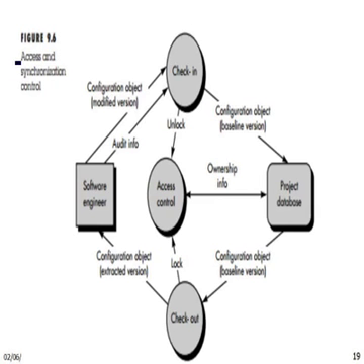Access control governs which software engineers have the authority to access and modify a particular configuration object. Synchronization control helps to ensure that parallel changes performed by two different people do not override one another.